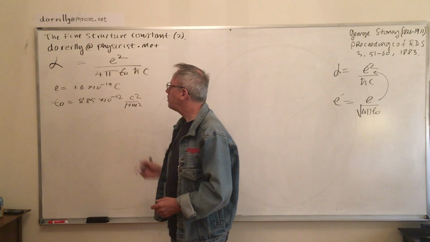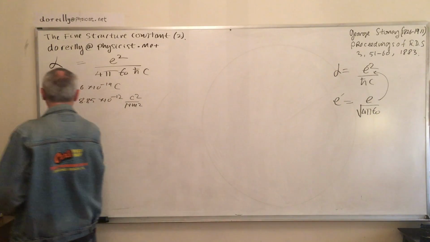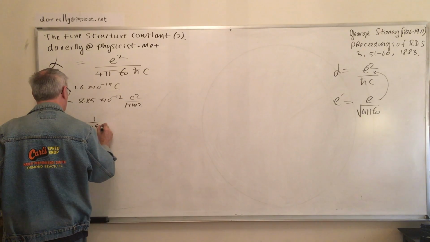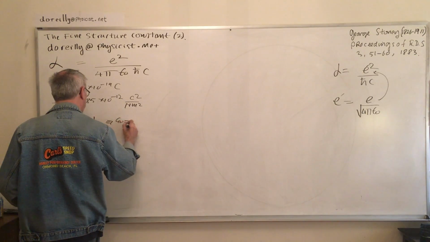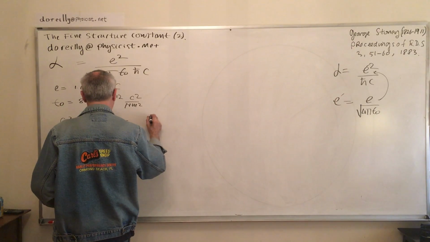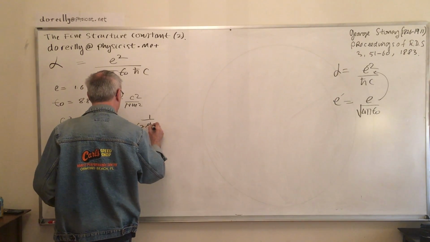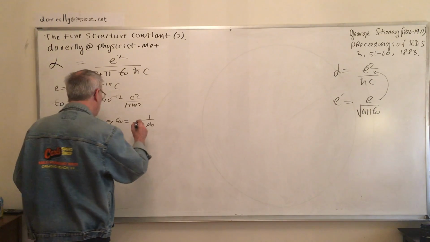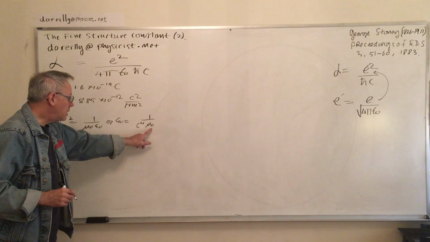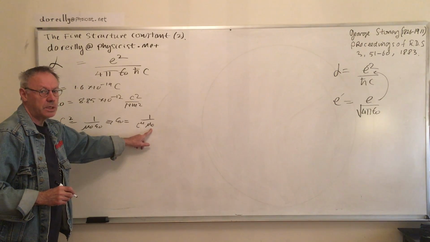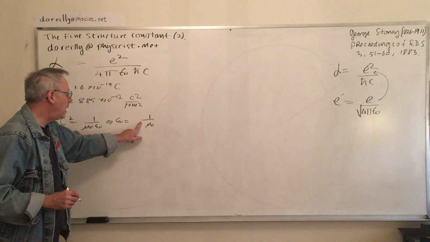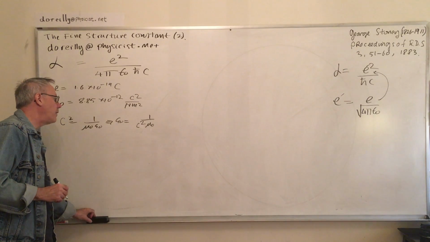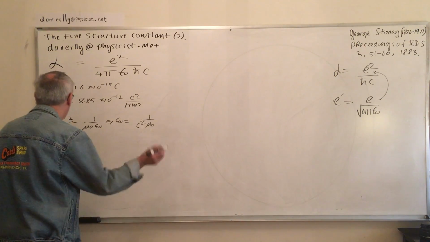Now I can write this expression in 3 different ways, because I could write it with the epsilon 0 replaced by a c squared and a mu 0. This is the magnetic constant, the permeability of free space. This is the speed of light. I can rewrite this in lots of different ways, but I leave out this computation.